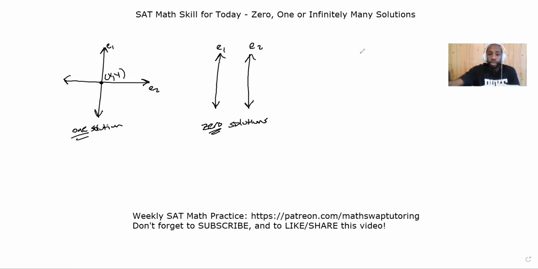Now, the final situation is you have that line there, and literally right on top of it, you have the other line. That means they share all points in common. They're, for all intents and purposes, the same equation. This is what you call infinitely many solutions.